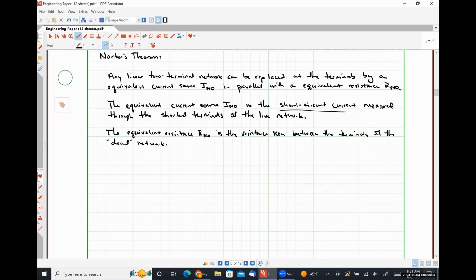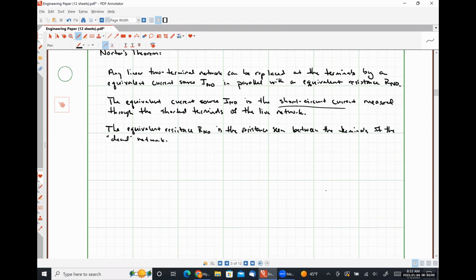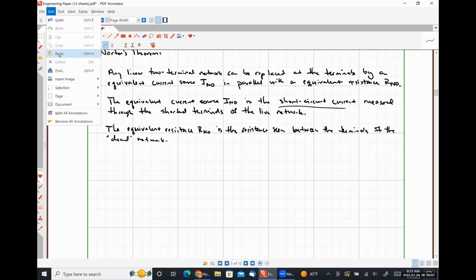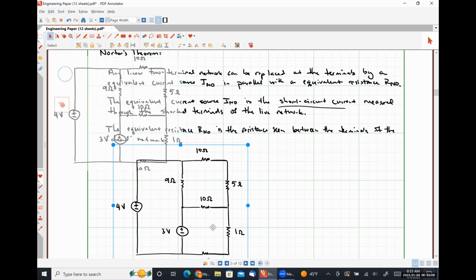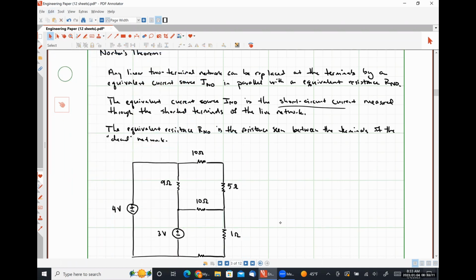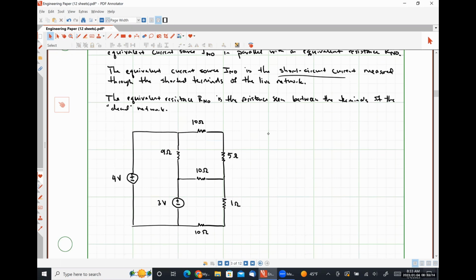So let's take that same circuit and now let's find the Norton equivalent circuit with respect to the 1 ohm resistor.